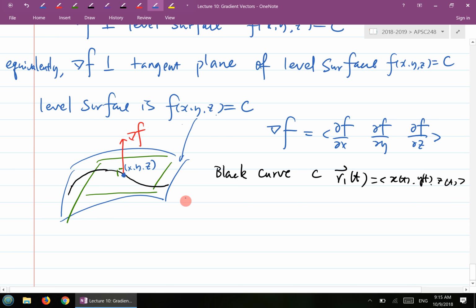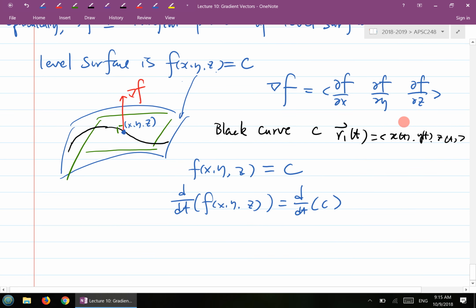Start from your f of x, y, z equal to c, the level surface equation here. And then we're going to take the derivative of both sides of this equation. Very much the same approach as we showed for the perpendicular relationship between del f and the level curve. The right side is constant, so the derivative must be 0.